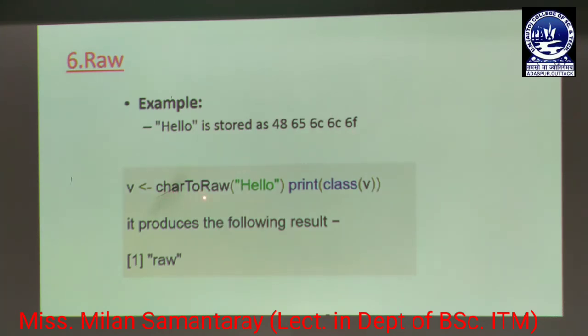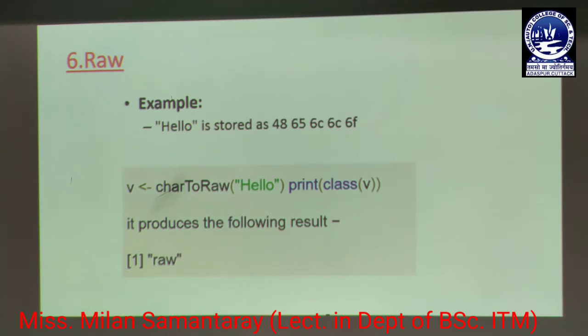We use a function called charToRaw, and we enter the characters here, and then it transfers them to their raw values, that means 48, 65, 6C, 6C and 6F. It will store that in v, and then we display which type of value v contains, and which class it comes under. So it will display raw.